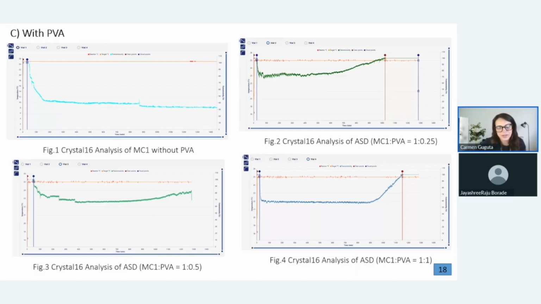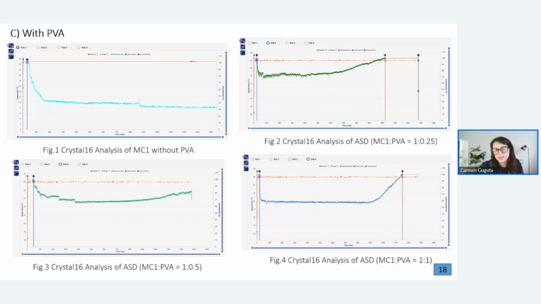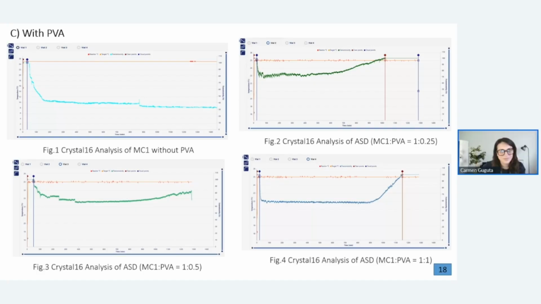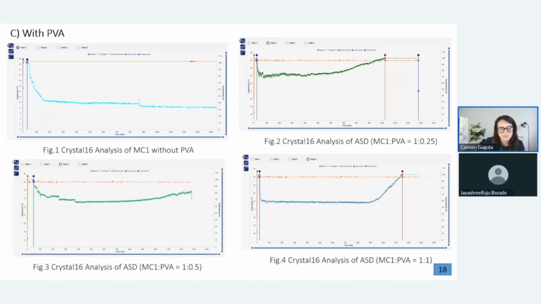Actually, this is where we think this procedure can be pretty advantageous, because here we are not dealing with solid API to be placed in each vial.